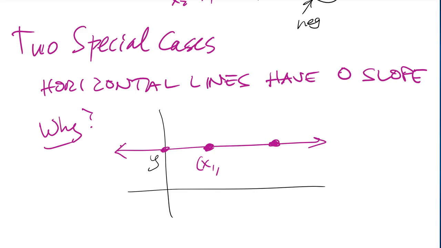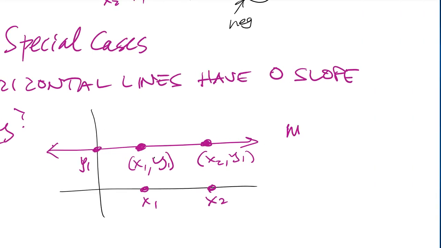So x1, y will be the first point. Let's call it y1, just because we're used to that. And then the other point, so that's at x1 along the x-axis. The other point will have a different x, so we'll call that x2, comma, and then it'll have the same y value, y1.